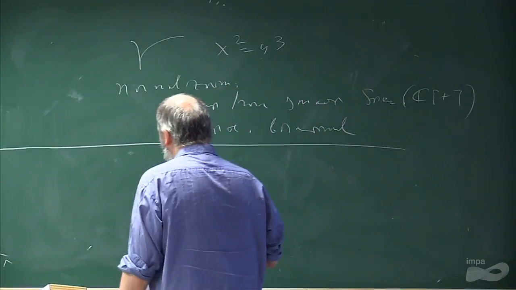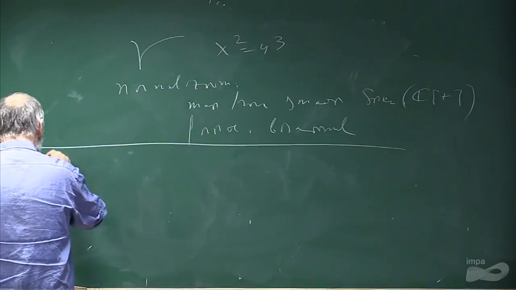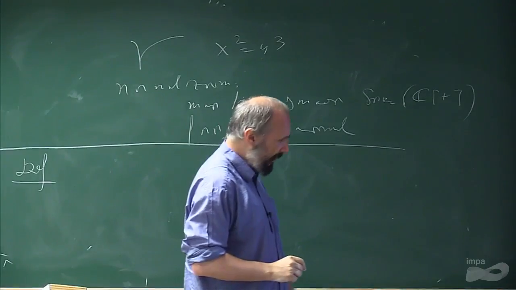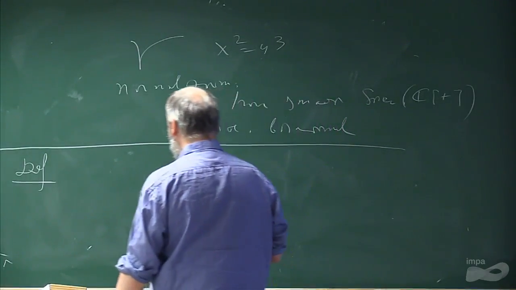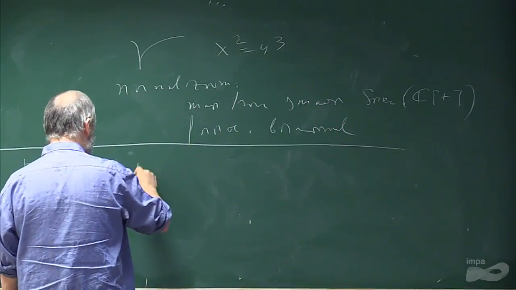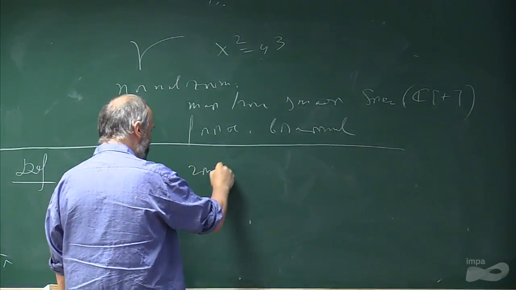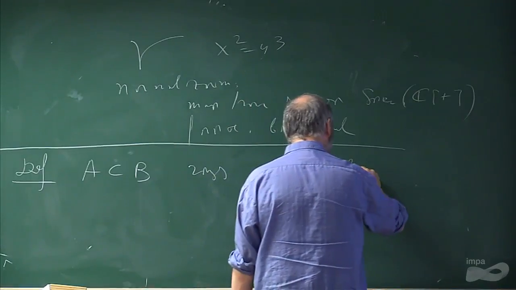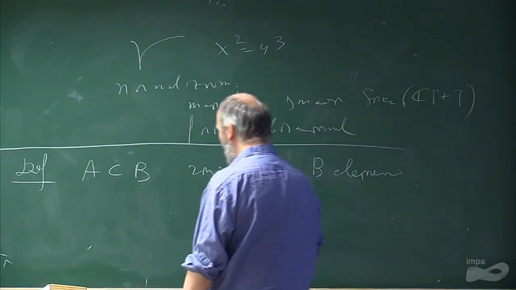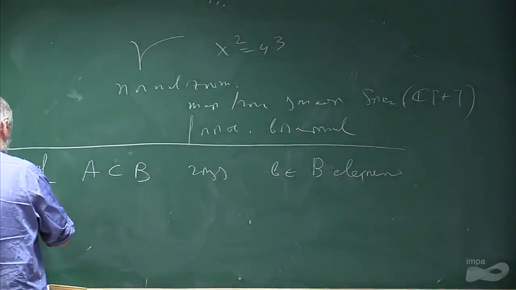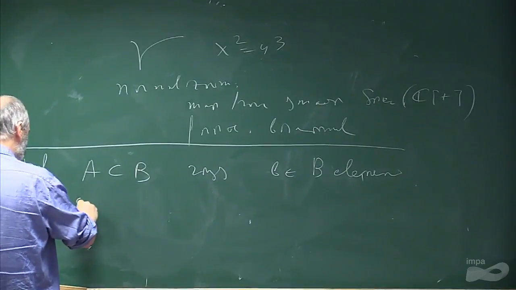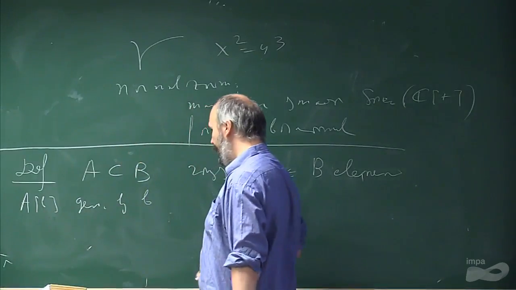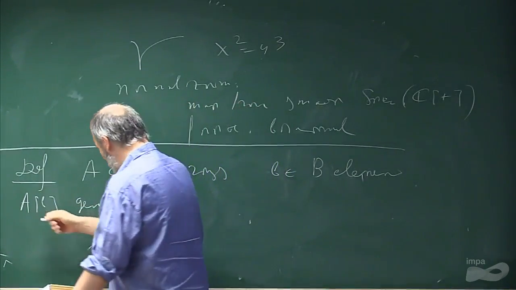Okay, so the first definition, this is just something we have already done a bit. You have A inside B rings. You have b in B an element. And then you take the subring A[b] generated by A and b.